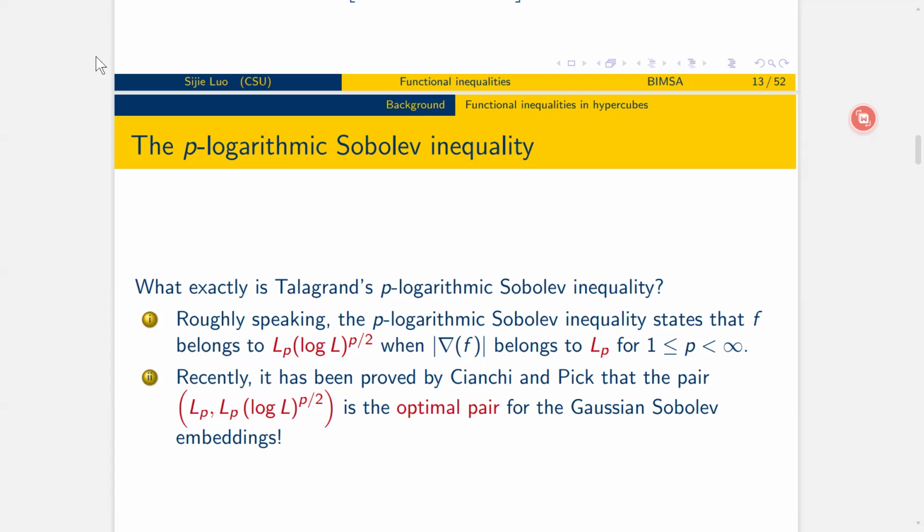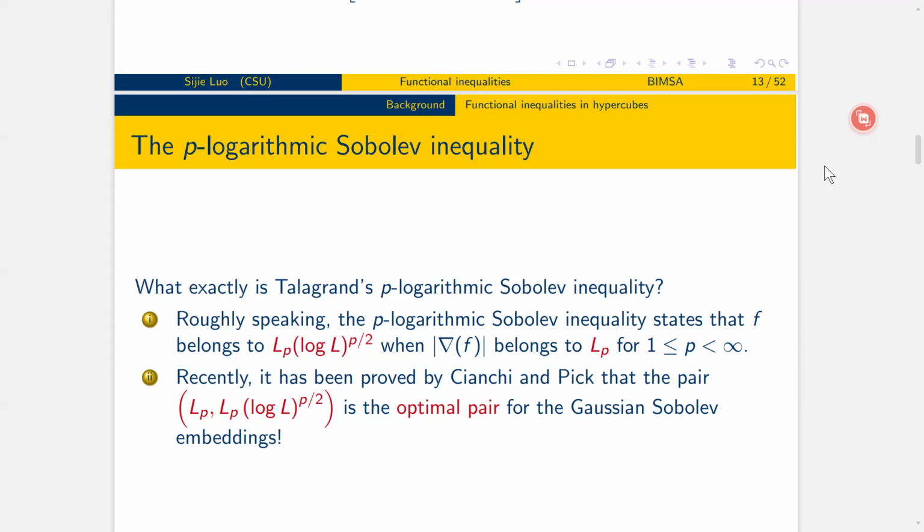Also in 2009, two authors named Cianchi and Pick proved that L^p and L^p log L^(p/2) is the optimal pair for the Gaussian-Sobolev embedding. What does it mean? It means that if we fix the domain, this one is the smallest space among the symmetric spaces; you can view it as the strongest norm among symmetric spaces.